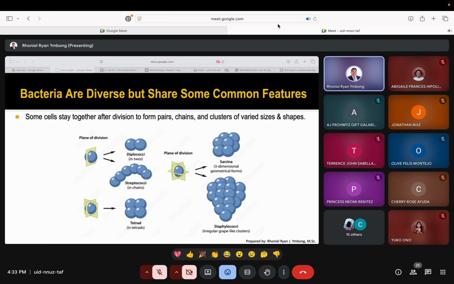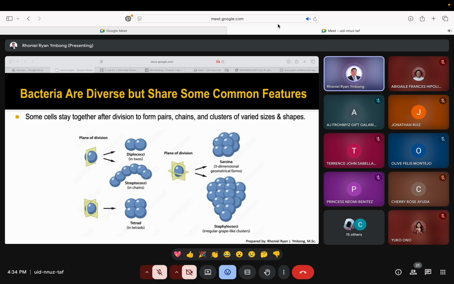streptobacillus, and so on. If you have, for example, a grape-like cluster of bacterial cells, for example, spherical bacterial cells, then you call them staphylo. So staphylo meaning grape, and the arrangement of these bacterial cells is not in a certain way, but is just irregular and random.